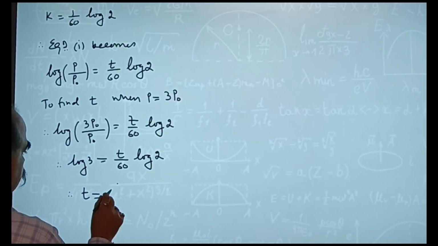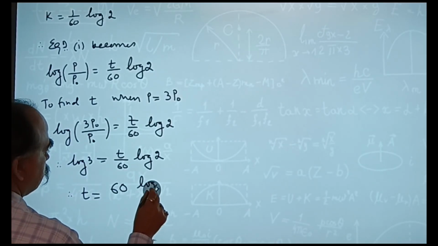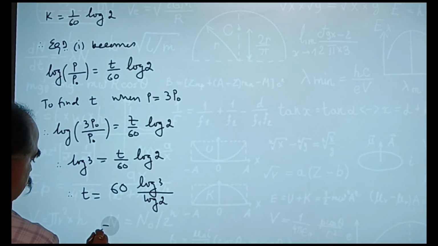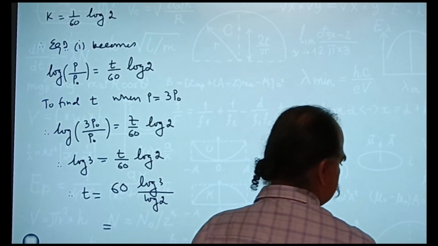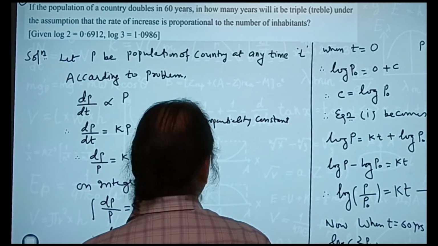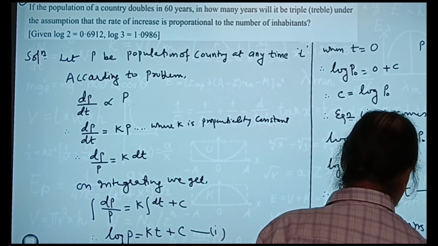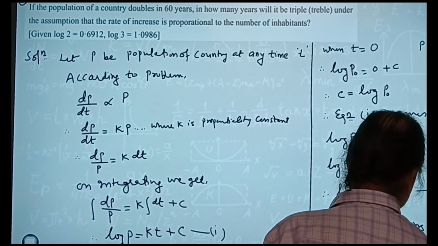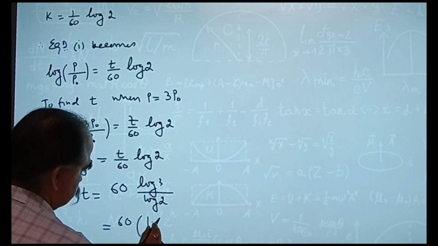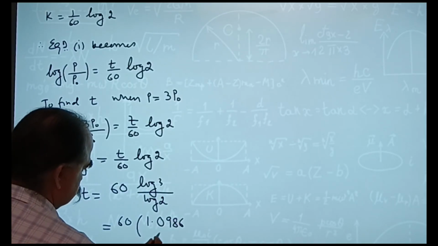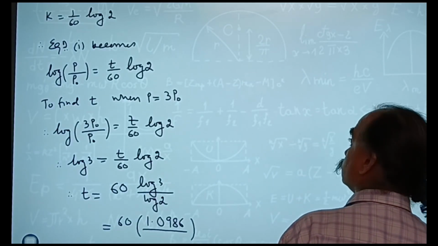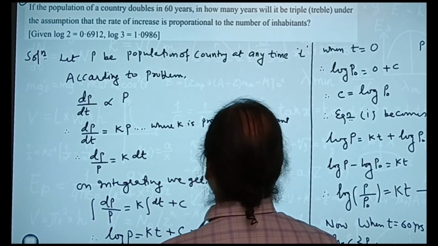So t is 60 into log 3 upon log 2. Now the value of log 3 is 1.0986, divided by log 2, which is 0.6912.